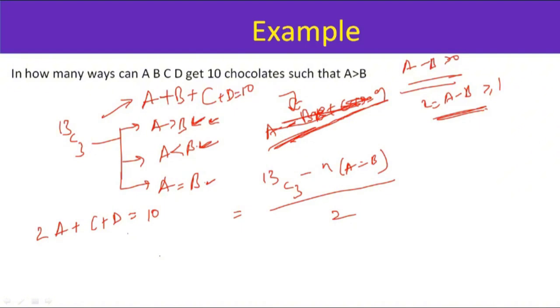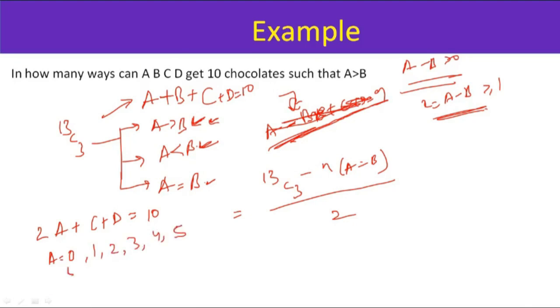If you have to solve this, how do we solve this? C, D can be greater than or equal to 0, A can be greater than or equal to 0, but because this is 2A, it's the same question that we did earlier, where C was 3C. So now the value of A could be what? 0, 1, 2, 3, 4, and maximum A can be 5, because if A is 5, this is 10.